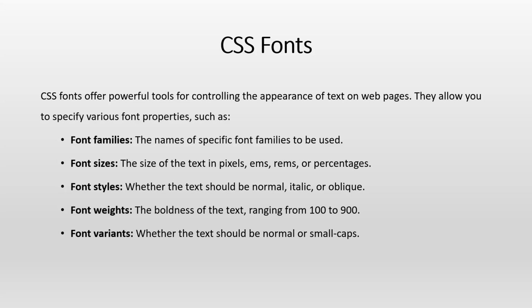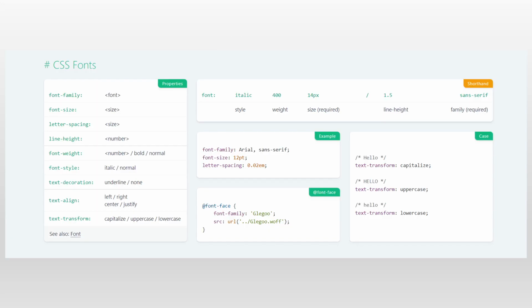We'll be discussing all these things later on. After this, we will be seeing this image. In this image, as you guys can see, CSS fonts, font family, font size. These are the properties of fonts, letter spacing, the line height.